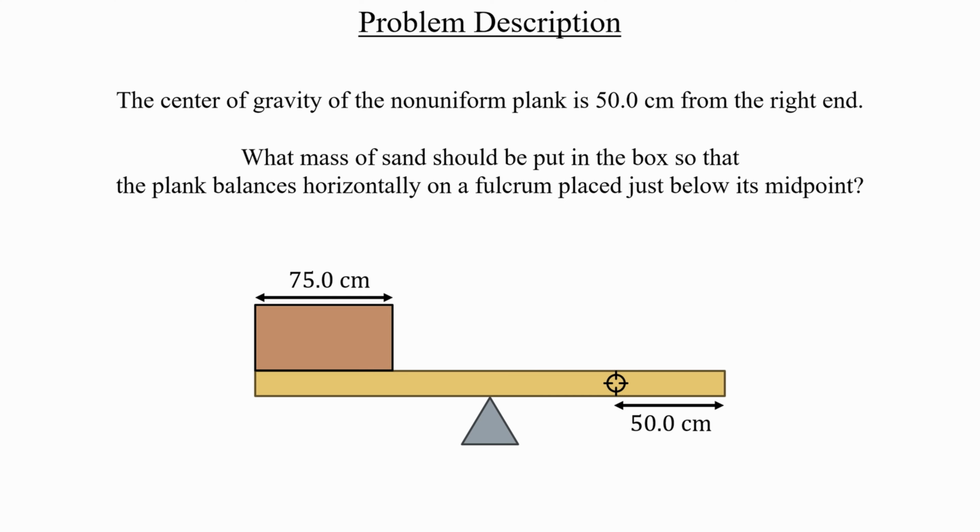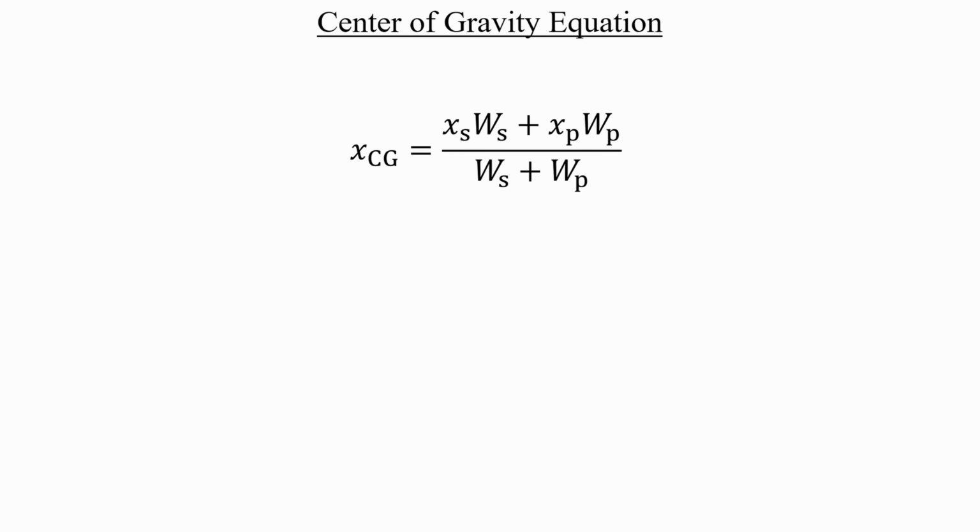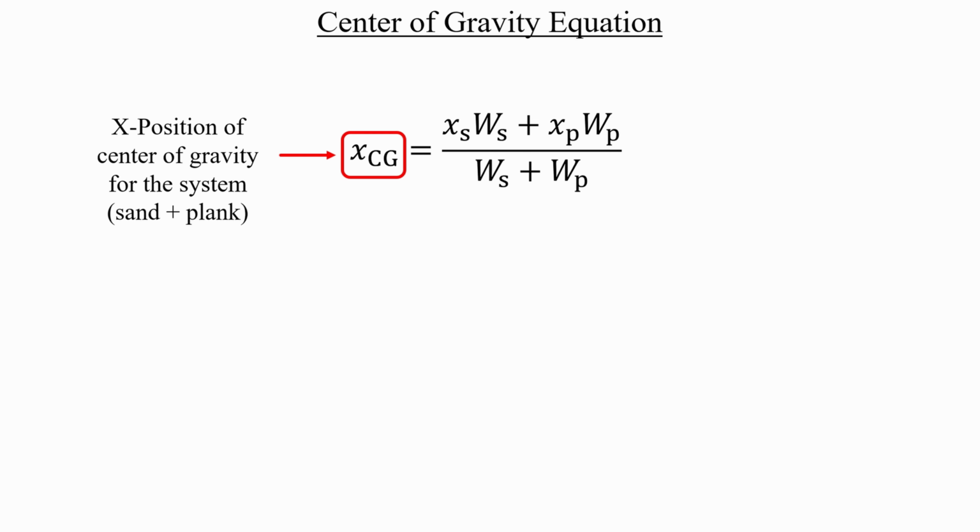The way that we'll do this is by using the center of gravity equation, which looks like this. Starting from the left-hand side, we have x_cg, which represents the x position of the center of gravity of the system.